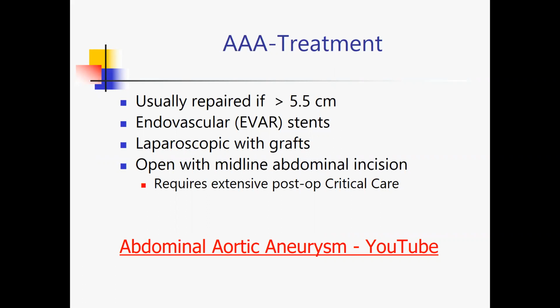They're going to look at it so that we know the size. Is it growing? Is it changing? Does it have an area of dissection? We need to know all of those things. If we think of 5 centimeters, that's 2 inches. So if we have to do surgery, remember that repairing an aneurysm is to restore vascular continuity with a graft.